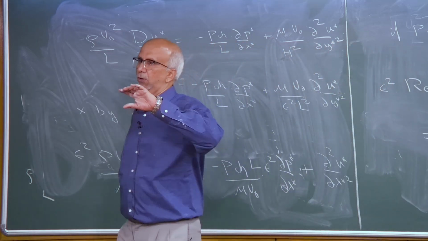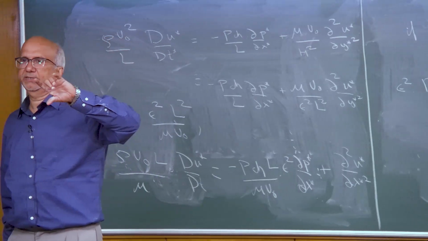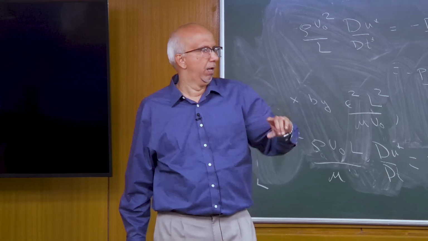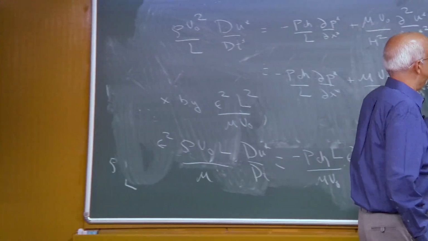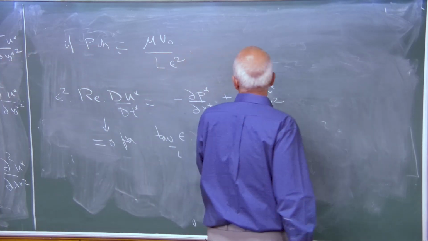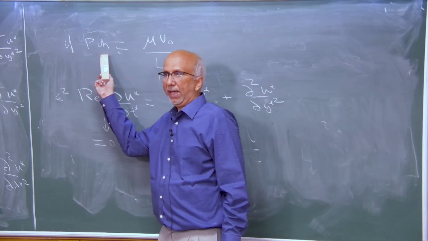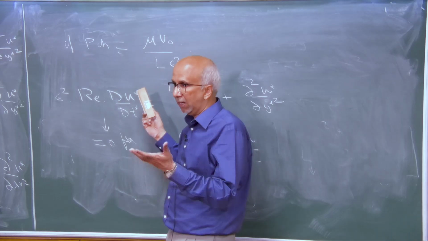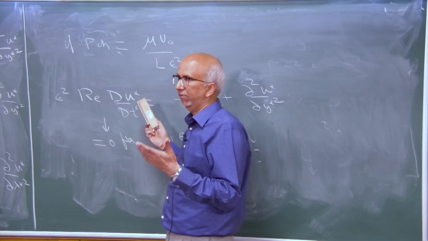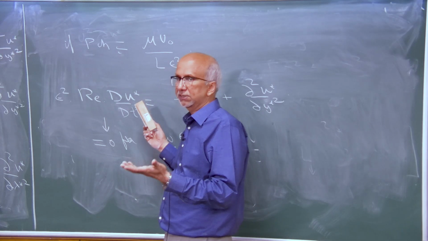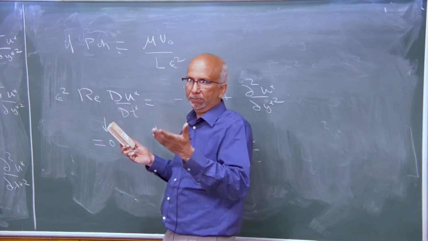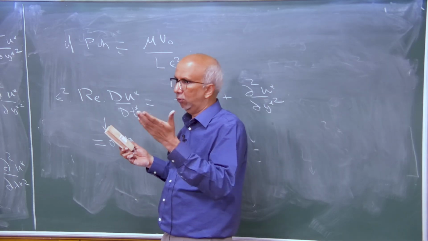So, if your characteristic scales are so different, H and L are so different, okay, what this means is the pressure forces are going to balance the viscous forces, but the characteristic pressure is going to be very, very large. A very large pressure is developed in this gap between the two plates, and this is what is basically helping you bear the load.